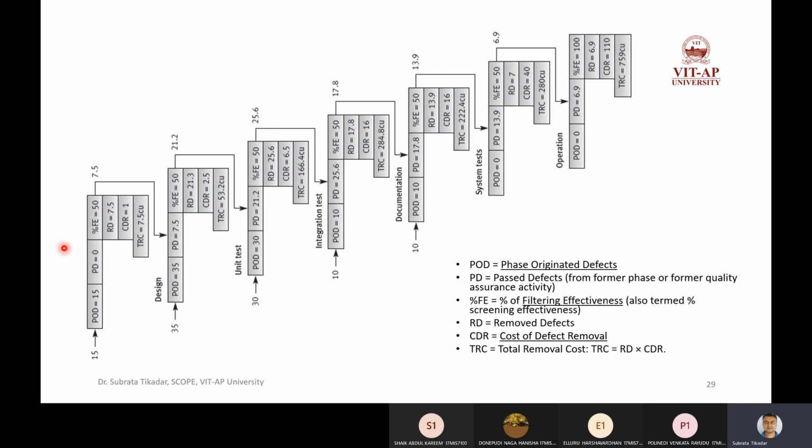So, for example, 15 defects are generated in this first phase, the requirement specification phase. As it is the very first stage, there is no carried forward defect, so 15 plus 0 is 15, and the percentage of filter effectiveness is 50%.